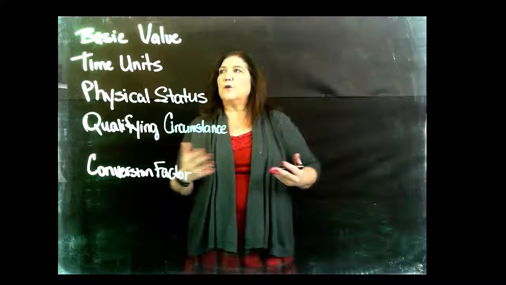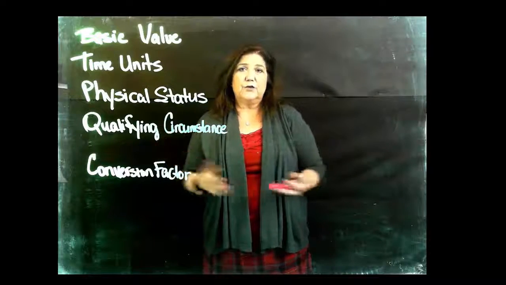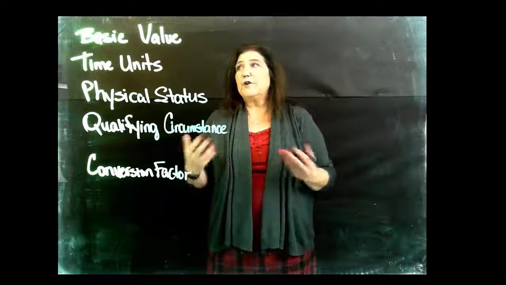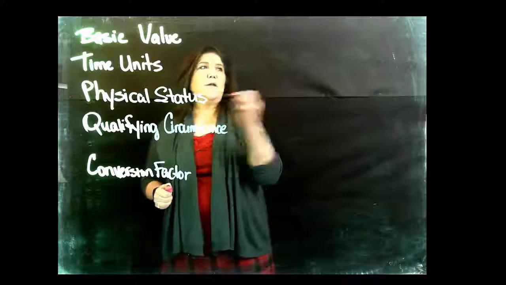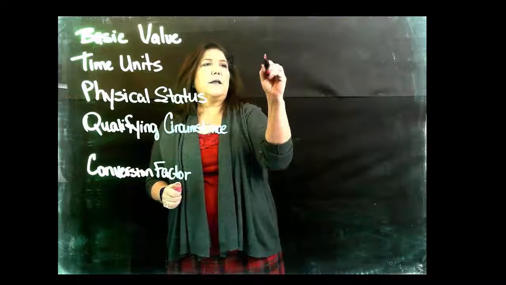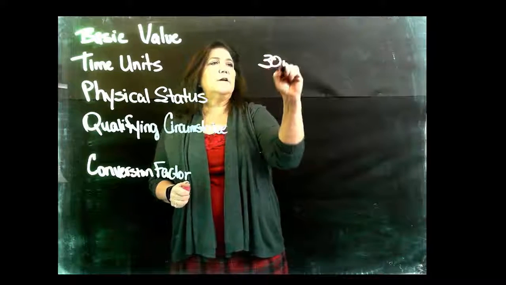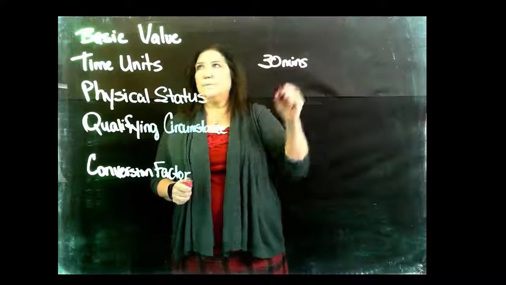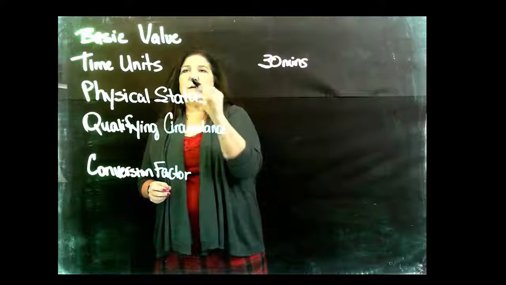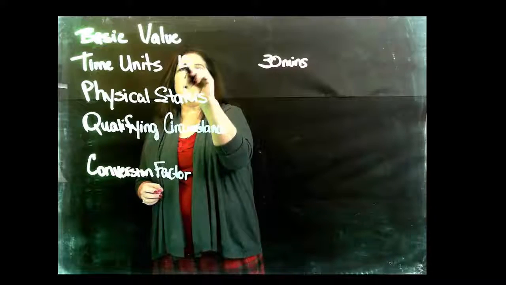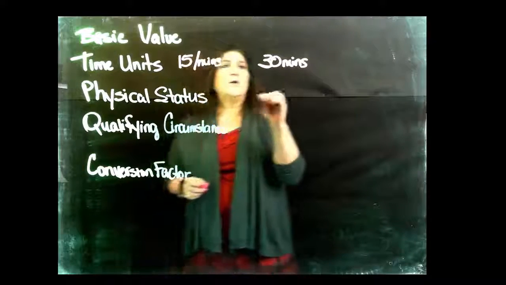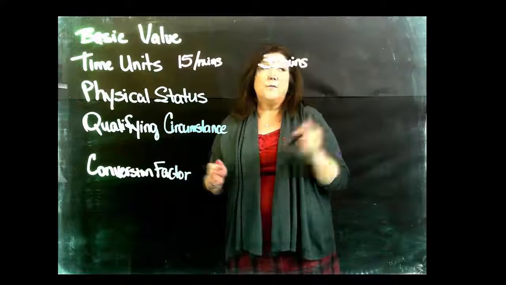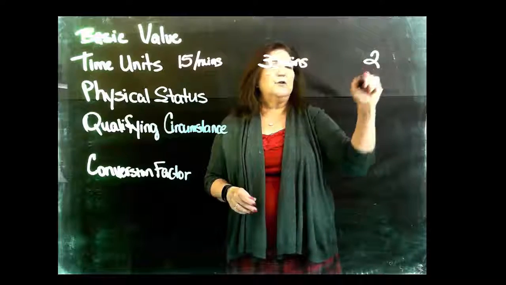So let's start with an 86-year-old gentleman who was placed under anesthesia for 30 minutes. So there's our time unit. We know that our units are calculated at 15 minutes per unit, so if we were under anesthesia for 30 minutes, that's going to give us 2 units.